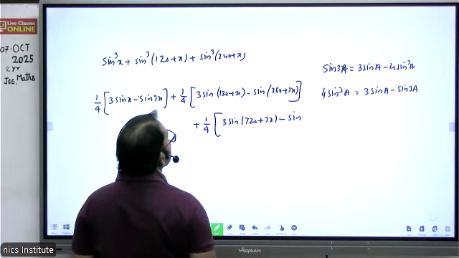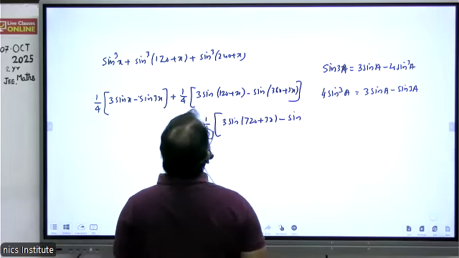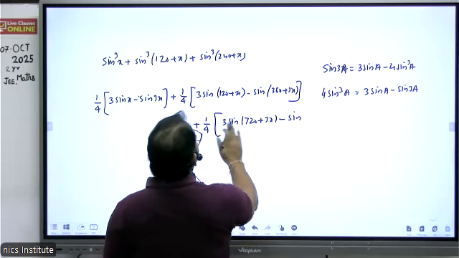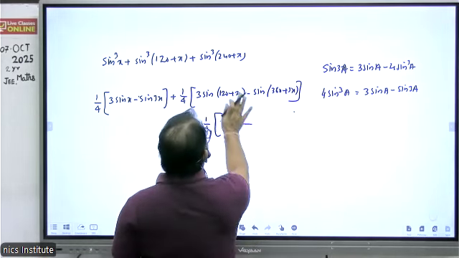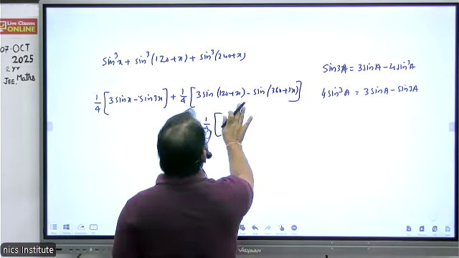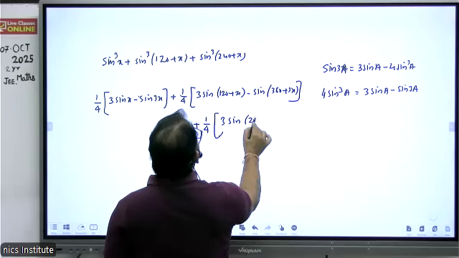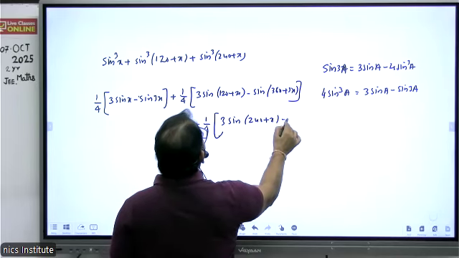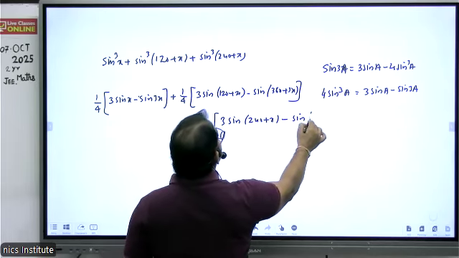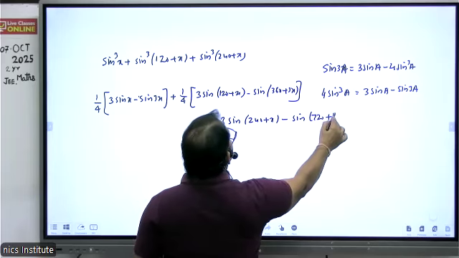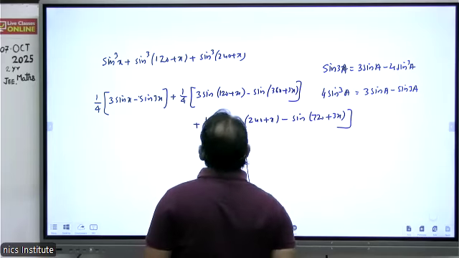No, I did it the other way around: this first term would be 3 sin a, that is 3 sin of 240 plus x, and this would be sin of 720 plus 3x, right?